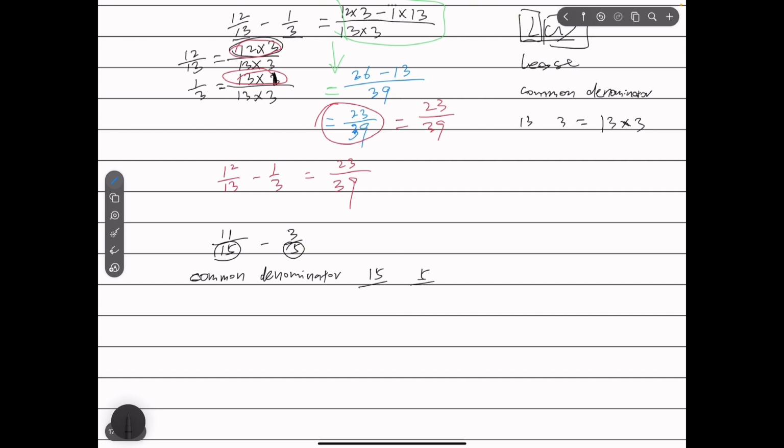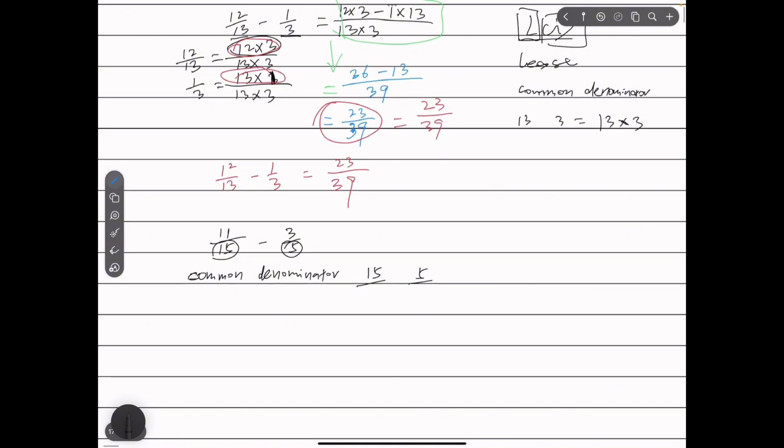So without thinking about the least common denominator, we can use the two numbers multiplied by each other. It's just that the result that we get from there might not be in the simplified form.